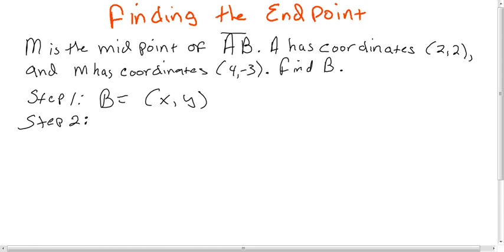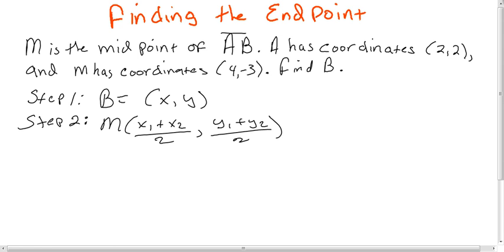So we said the coordinates for M are (x1 plus x2 divided by 2, y1 plus y2 divided by 2). Okay, so now we have that set up. Let's go ahead now and do our substitution.